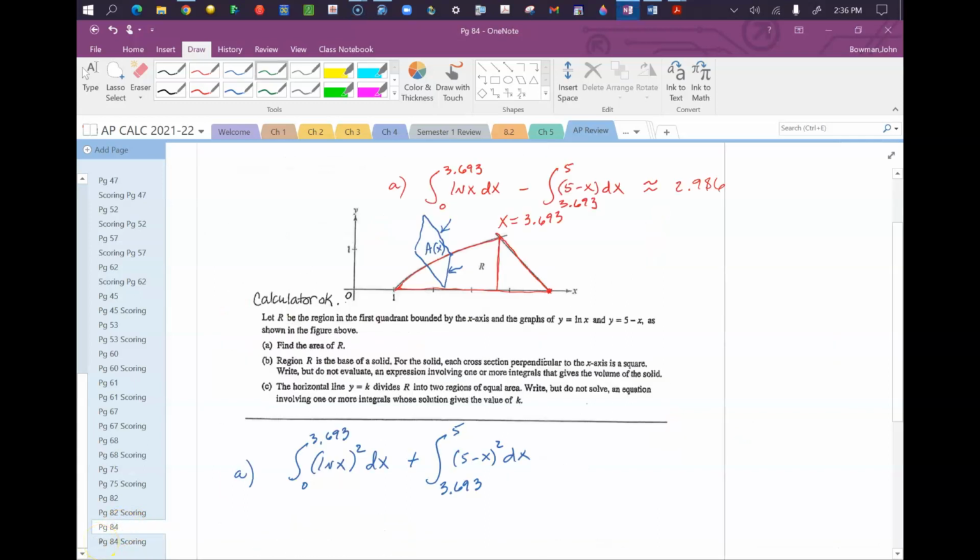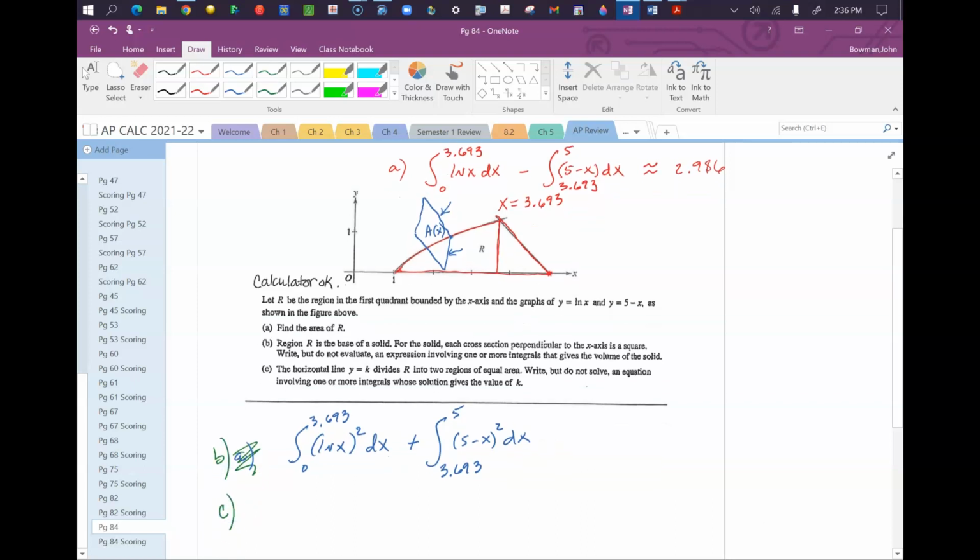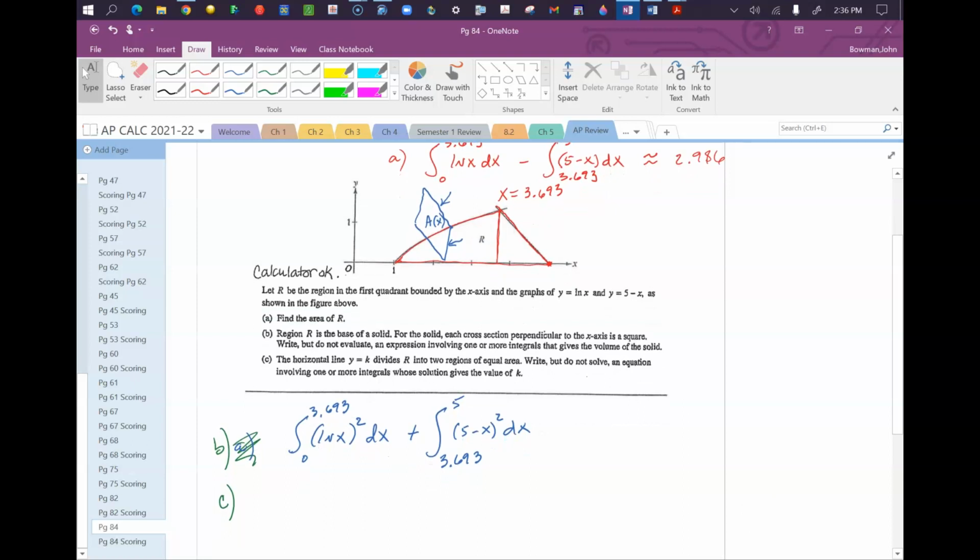I'm sorry, I mislabeled that last part A, and I meant to call it B. Part C. The horizontal line y equal k divides R into 2 regions of equal area. Write but do not solve an equation involving one or more integrals whose solution gives the value of k. So I'm going to illustrate this here in green.